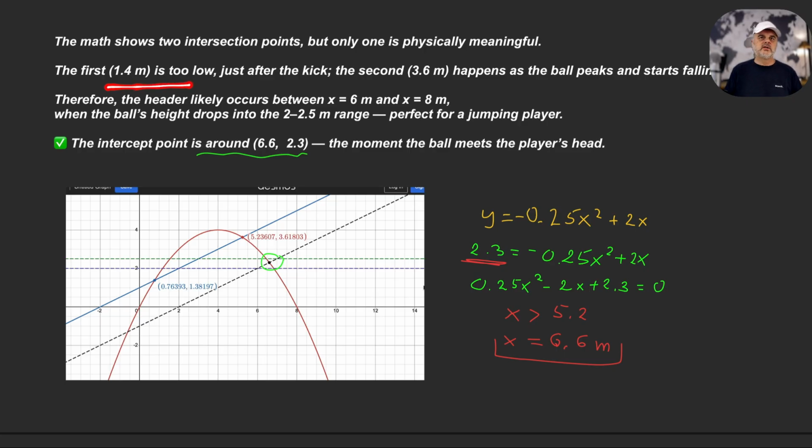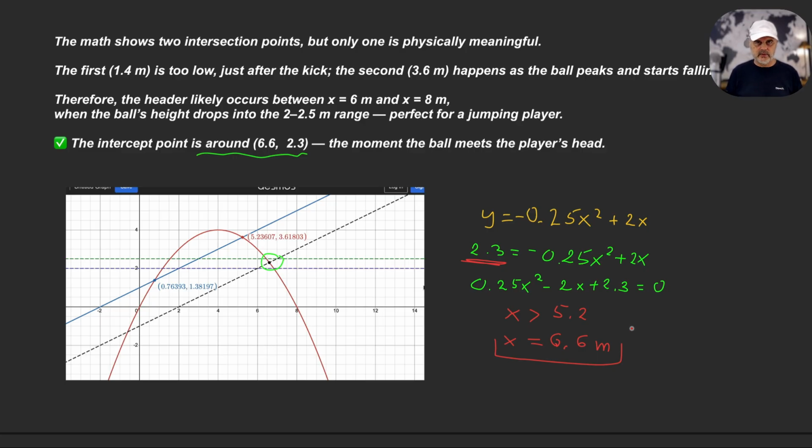You will consider the distance which is greater than 5.2. When you do that, you find two roots and you take the one that is reasonable, greater than 5.2, which is 6.6. So this would be the reasonable location of the player intercepting the ball.